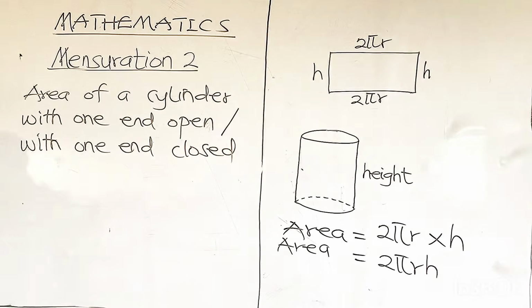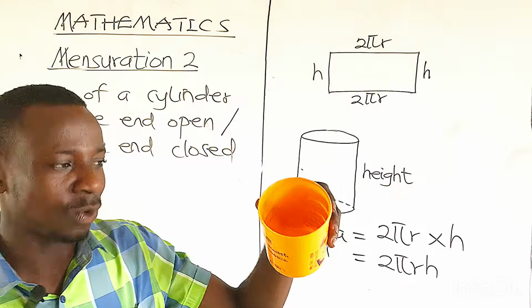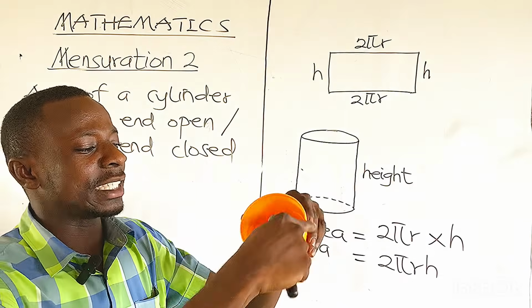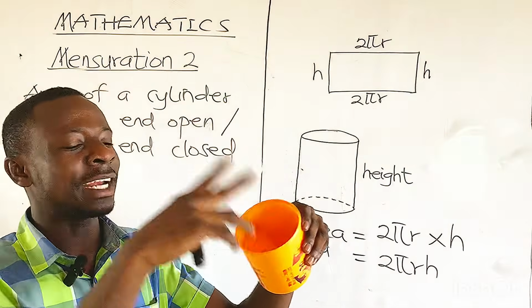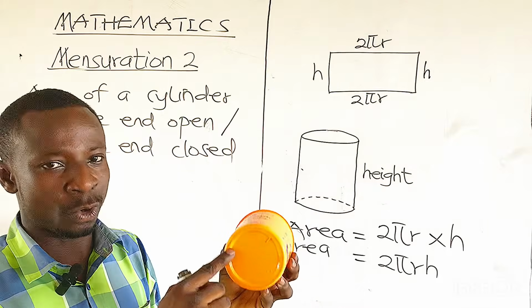Now, the moment one end is open, automatically one end is closed. An example can be this container I have here. Now, this side is open, so this side is off, but this side automatically is closed.